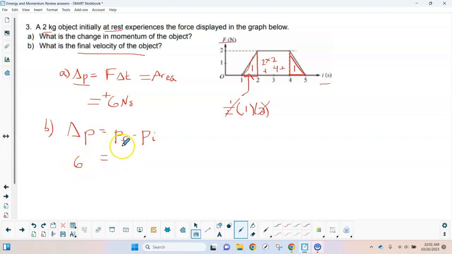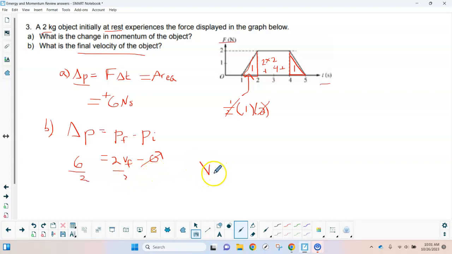The final momentum deals with the mass, which is 2, and the final velocity, which is what we're looking for. So VF, the speed at the end, is what we're looking for. The initial momentum would be 0 because it's at rest, so it would be 2 times 0, so that's just 0. So we just have that term going away, and then we divide through by 2, and it's pretty basic. So 6 divided by 2, not too mathematically challenging.